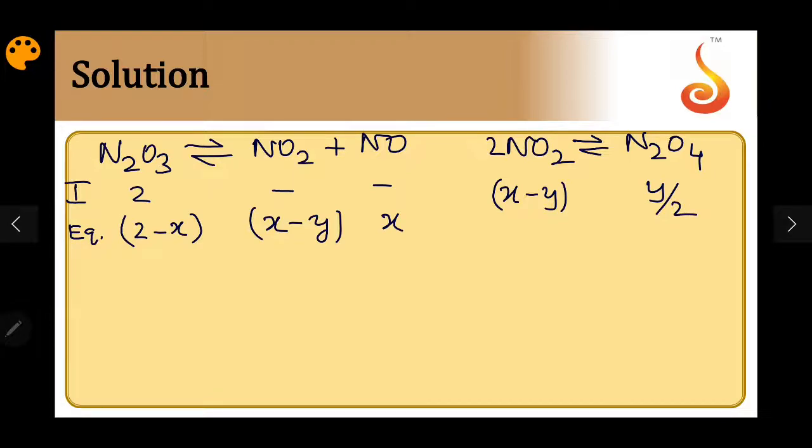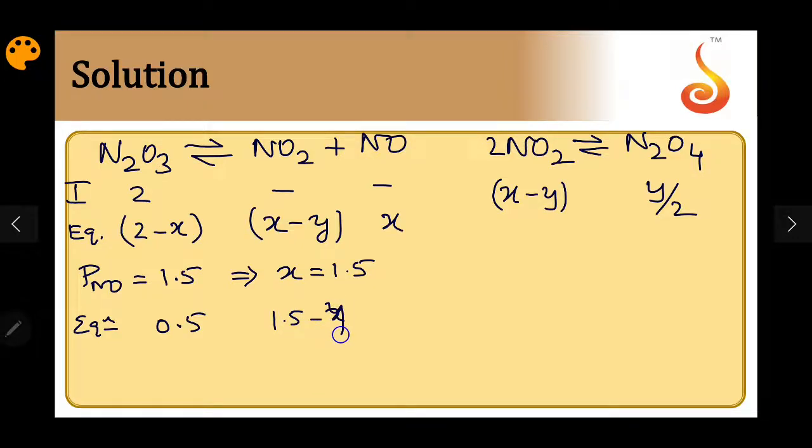Okay. Now what is given? The partial pressure of NO is given as 1.5. That means x equals 1.5. Substitute that. So the equilibrium pressure for this will become 2 minus x, 2 minus 1.5 is 0.5. This I'll write as 1.5 minus y, and this is 1.5.